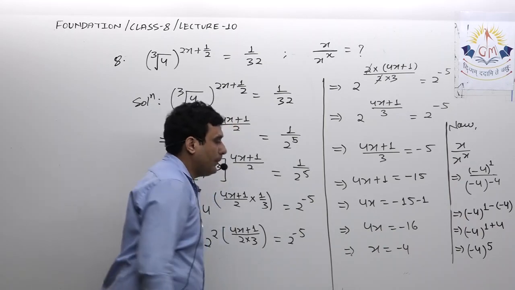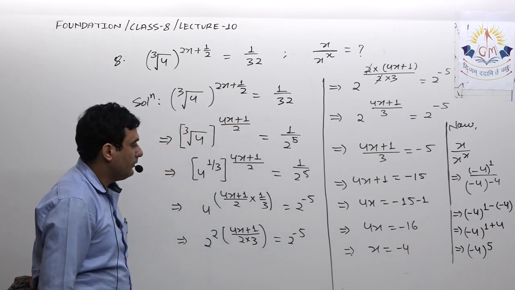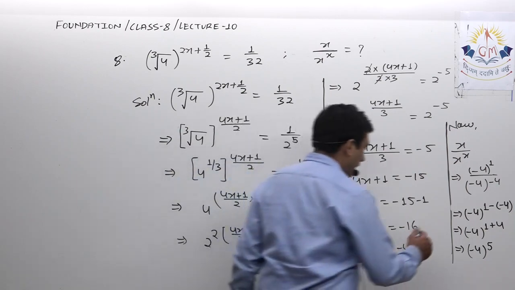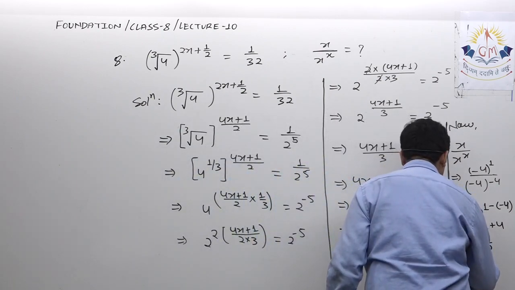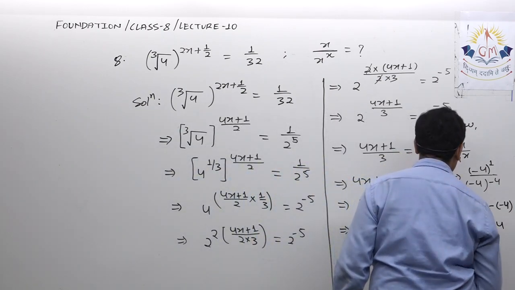If you multiply it by 4 more, you will get the final answer. So the final answer will be negative first of all.